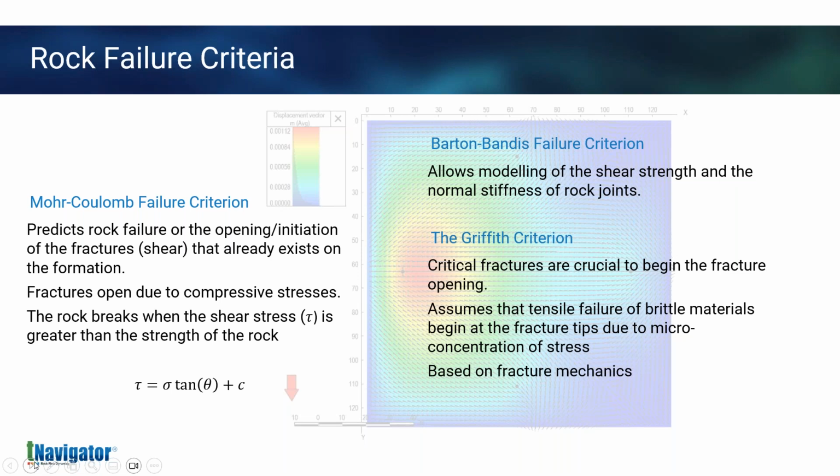At that point, we have an open fracture that can be calibrated through a breakdown analysis from a frac simulator, or we can use a frac simulator to model stress in tNavigator by importing.